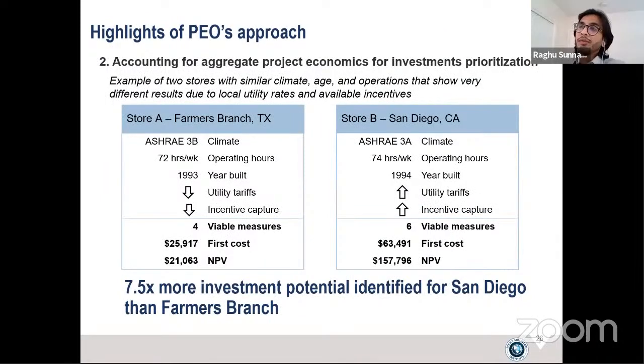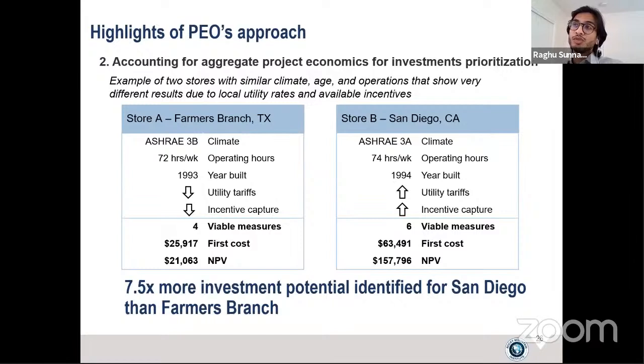Yeah, and the other highlight, when we start talking about the financial analysis, is that it's very important to understand how the financial analysis changes when we talk about individual buildings versus large portfolios. In this particular study, done before the Canada project, we were looking at commercial stores. There were two stores studied, in Texas and in San Diego.